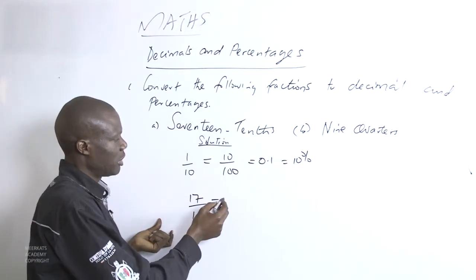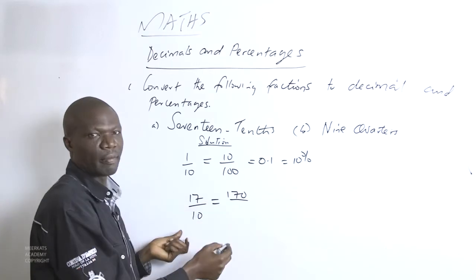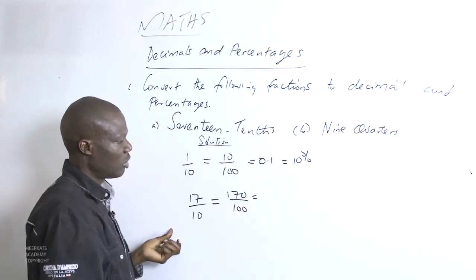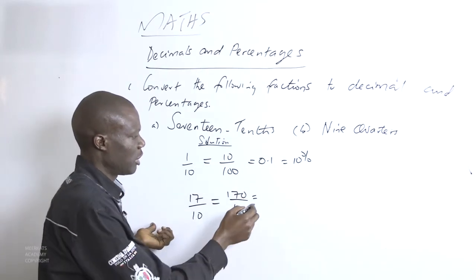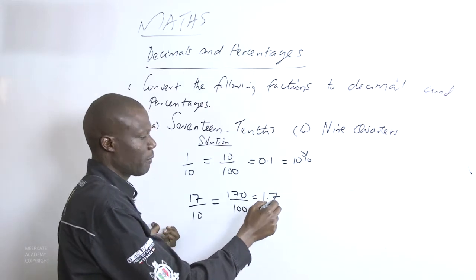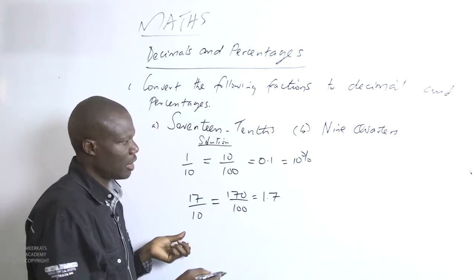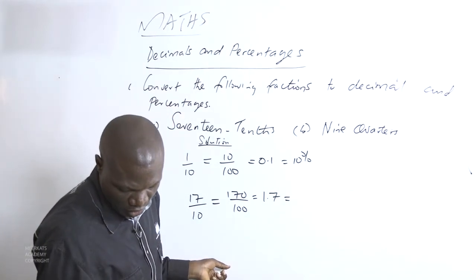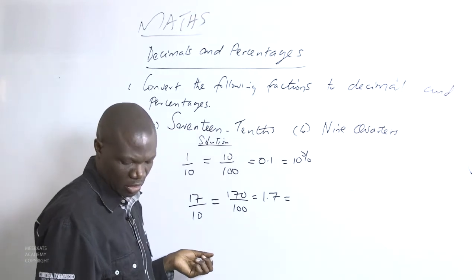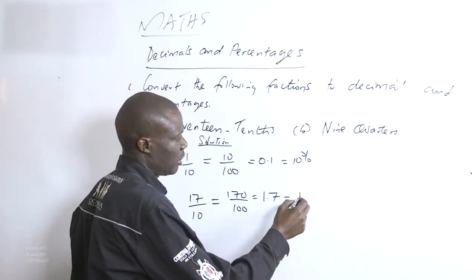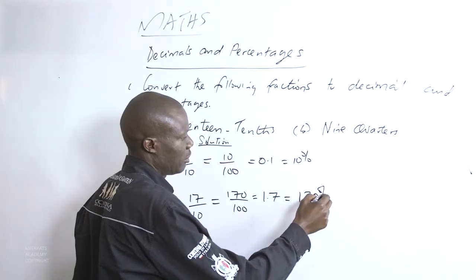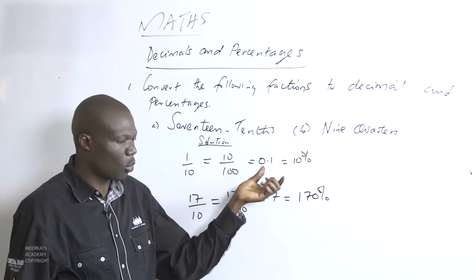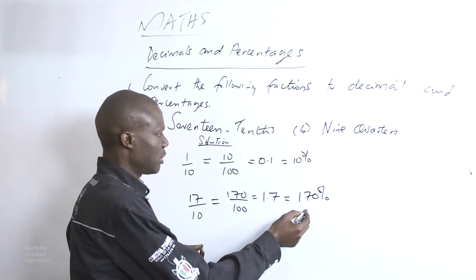So we shall multiply the numerator by 10 to get 170, and the denominator by 10 to get 100. This gives us 1.7 as a decimal, and as a percentage, you'll find that this one is 170%.